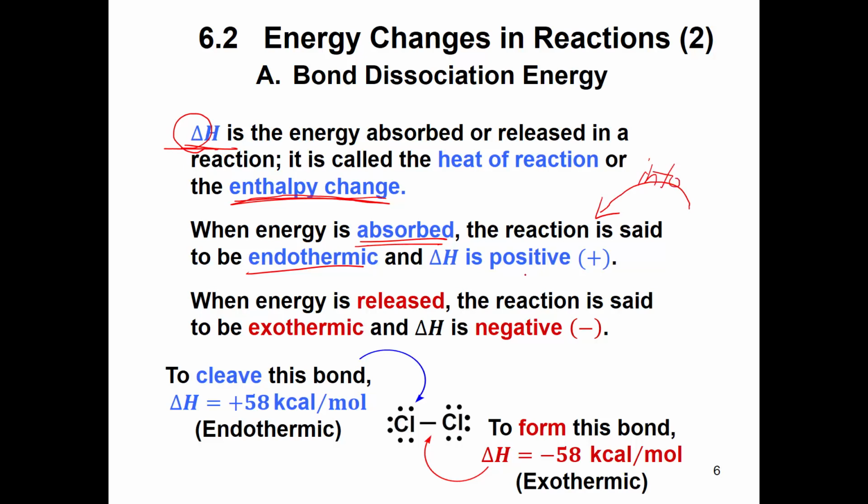When I do that, the delta H is positive because I added energy to the system. When I release energy, it's said to be exothermic because energy is exiting the system. The change in energy, or delta H, is negative because I removed energy from the system.